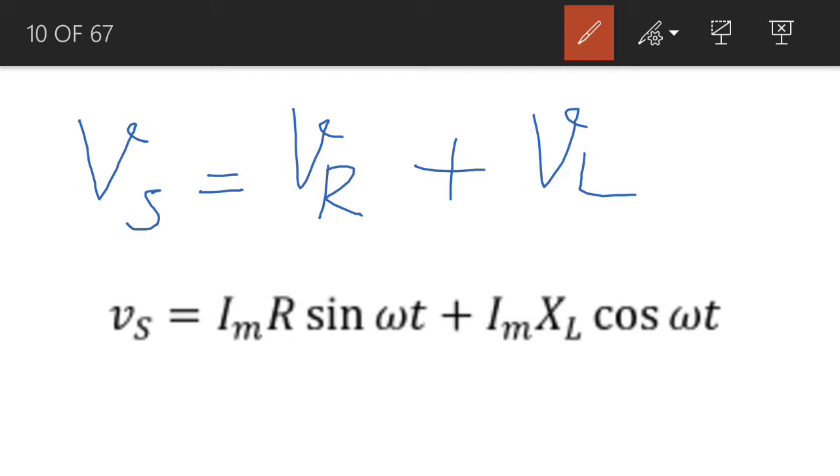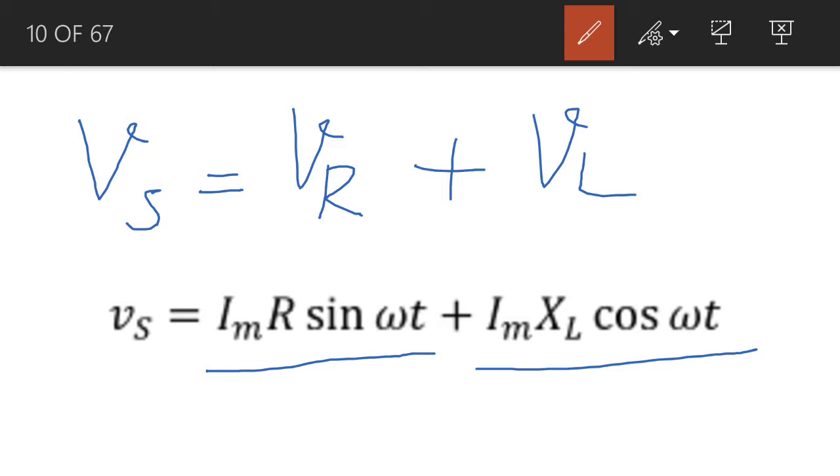And the voltage across the resistor is equal to Im R sine omega t, and the voltage across the inductor is Im XL cos omega t.